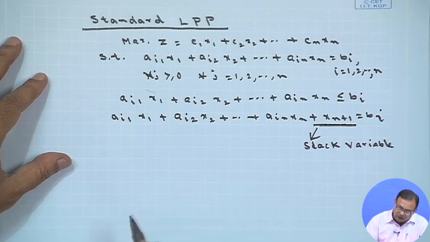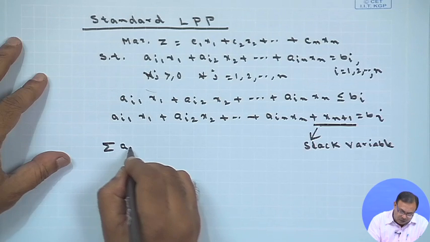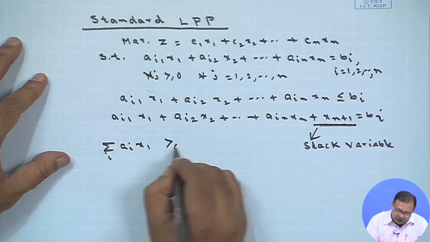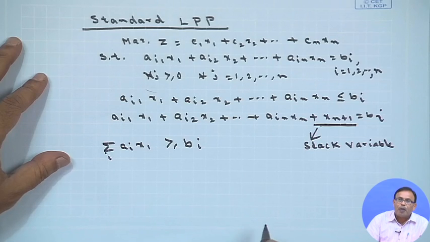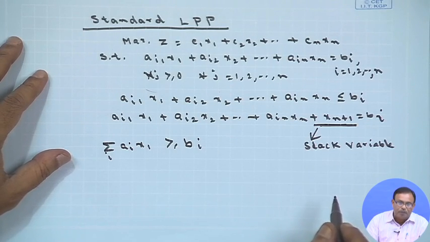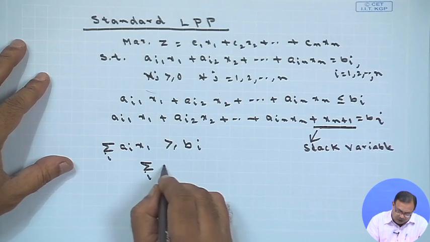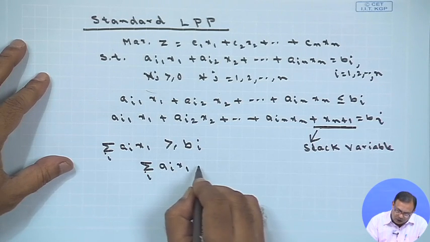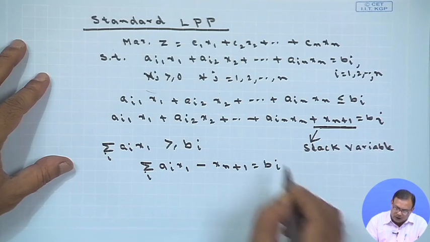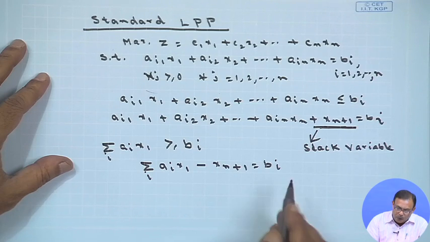Similarly, if I have the summation over i of ai xi greater than equals bi, in that case, to make it equality, I have to subtract one variable. So, I can write summation over i of ai xi minus xn plus 1 equals bi, because if I subtract, then this will be equal to bi.